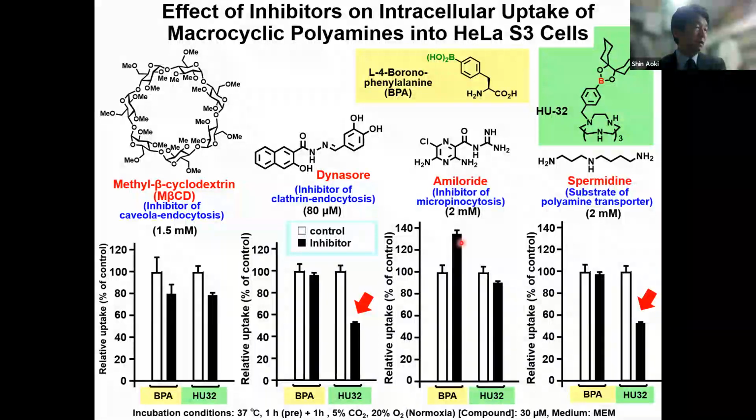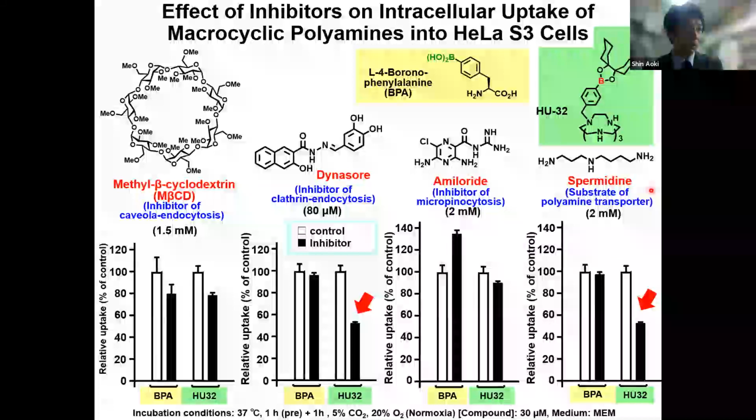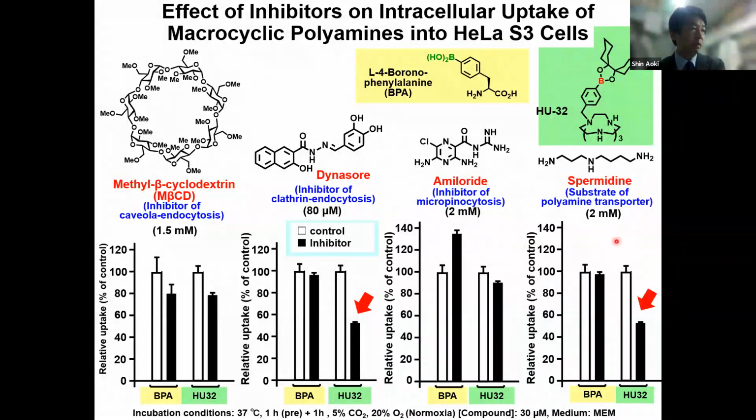After that, we carried out some mechanistic studies about the intracellular uptake of this compound, especially Hu32, in comparison with BPA, using inhibitors of these events. Methyl-beta-cyclodextrin is the inhibitor of caveolae endocytosis, dynasore is the classic endocytosis inhibitor, amiloride is the inhibitor of macropinocytosis, and spermidine is the substrate of polyamine transporters.